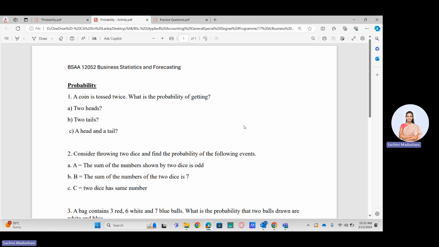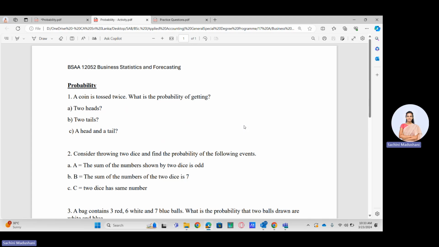Clear? Okay, this is the first method you can answer this question. Second method, you can use the tree diagram. Do you know about the tree diagram? Then first we draw the first attempt. Toss a coin the first time.